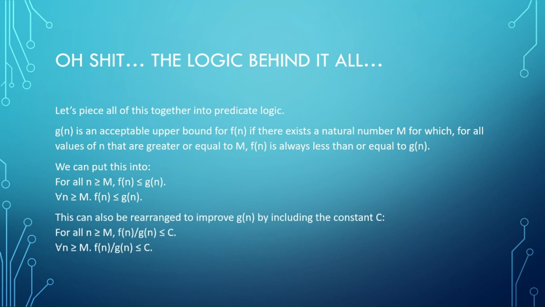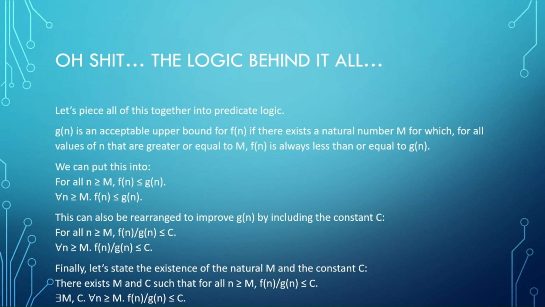So this can also be rearranged to improve g of n by including the constant c. So for all n greater than or equal to m, we have f of n over g of n is less than or equal to the constant. So we've done the rearrangement, the wizardry, to include the constant. And last but not least, because it's predicate, we've got to define all of our variables. So we've got to define m and we've got to define c.